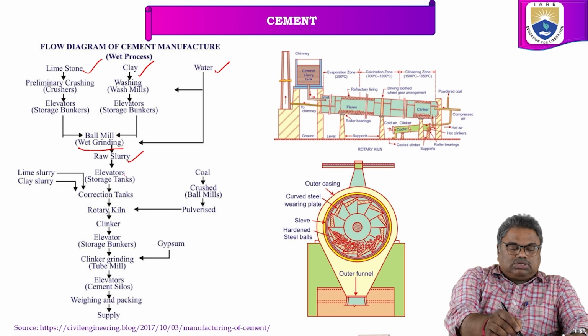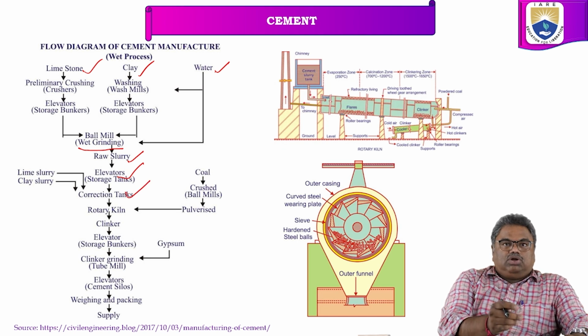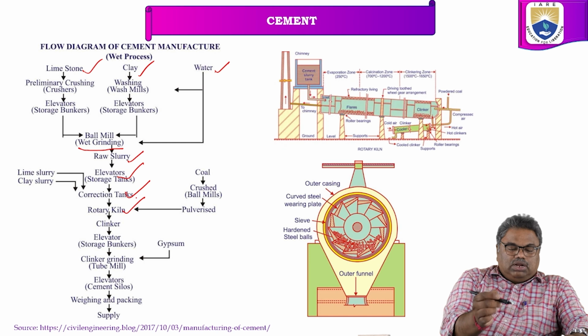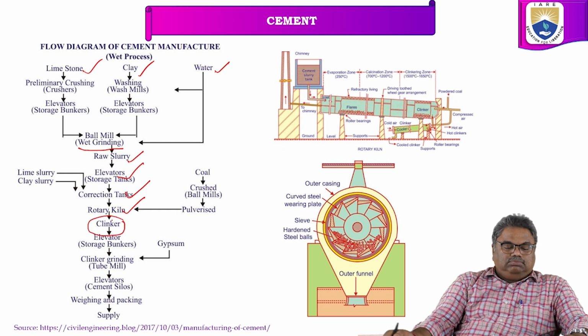So the raw slurry goes by elevator to the correction tanks and then to the rotary kiln. Here we'll add the pulverized coal, and after the rotary kiln it will form the cement clinkers.